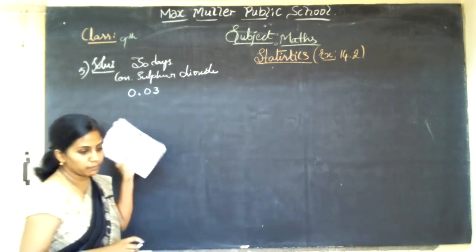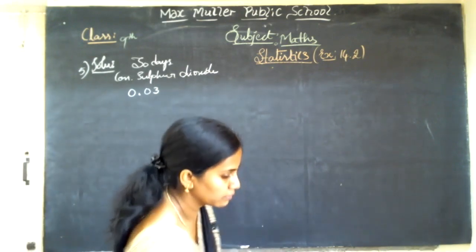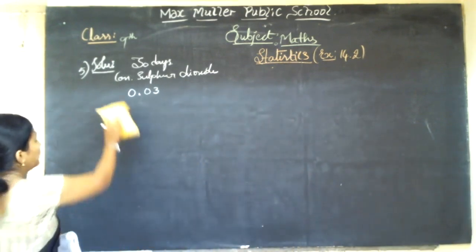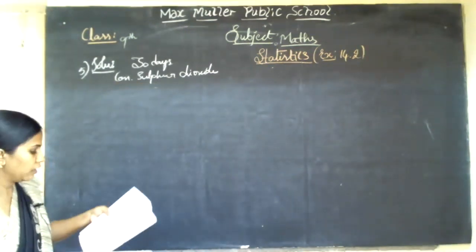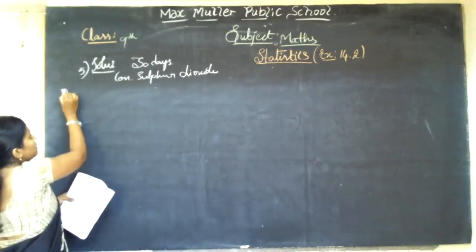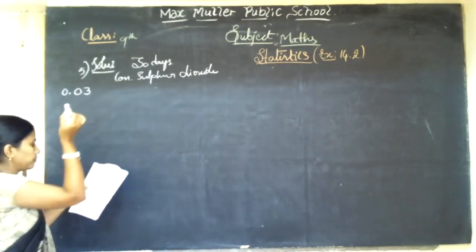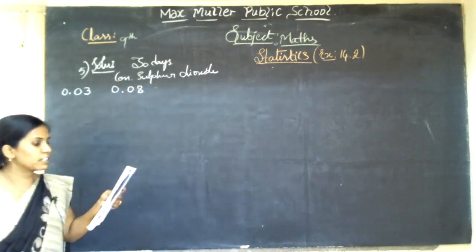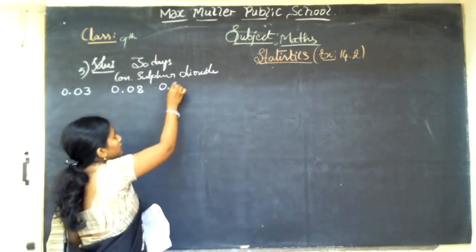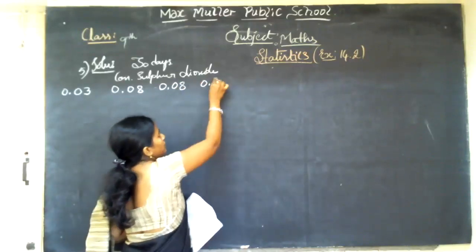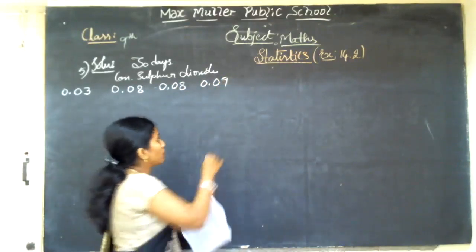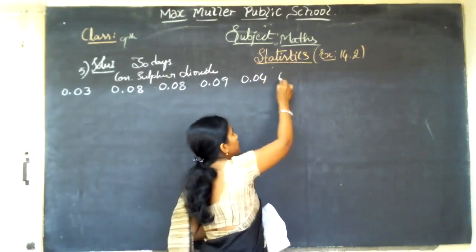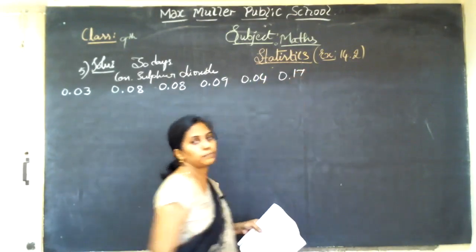Let me start from here. 0.03, 0.08. After that, they have given 0.08, 0.09, 0.04, 0.17.